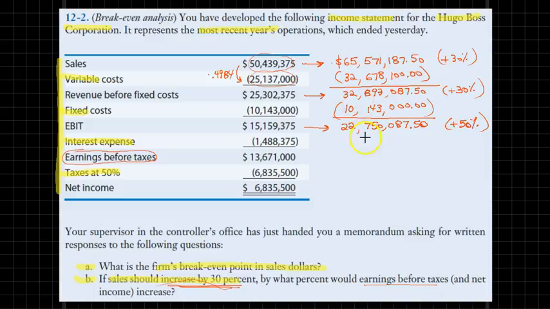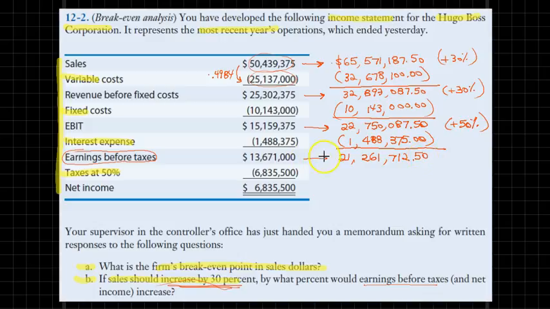And finally, the interest expense is also fixed. So $1,488,375 deducted from this previous figure of earnings before interest and tax. We get the number $21,261,712.50.